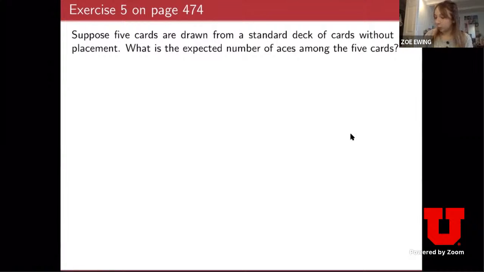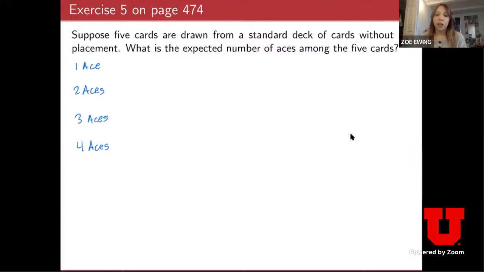So we'll start with 1 ace, 2 aces, 3 aces, 4 aces, and do we include 5 aces? We cannot, because there's only 4 in the deck total. So these are our 4 probabilities that we want to figure out.